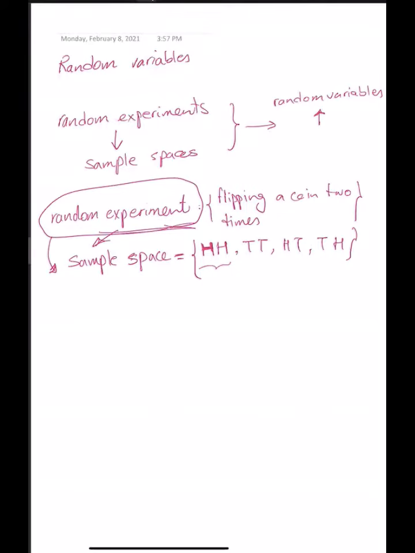Now I can look at these random experiments and I can define some random variables that can quantify the outcome of this experiment.